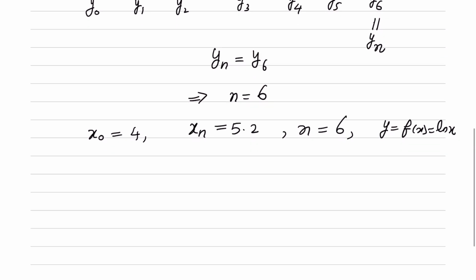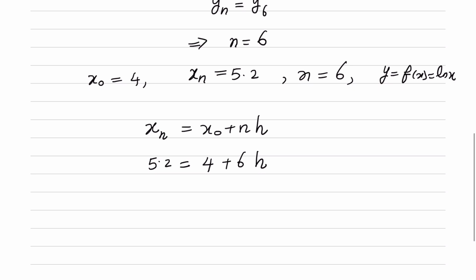We know that we use numerical integration here for equally spaced data, and for equally spaced data we know this formula: xn is equal to x naught plus nh. Let's plug in the information that we have. The last xn is 5.2, x naught, the starting x, is 4, n is 6, h.